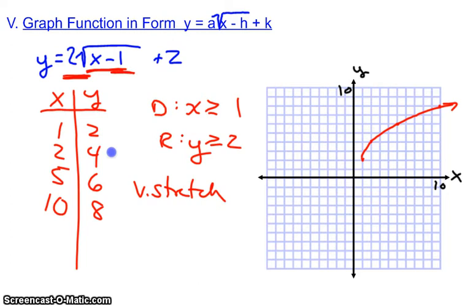Based on this, we have a translation which way? This one changed to x, right? Right one, to the right one. And based on that 2, we have a translation up 2, right? Up 2. Or a vertical translation, positive 2.